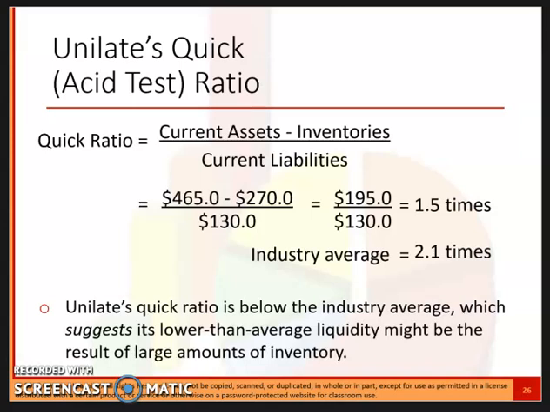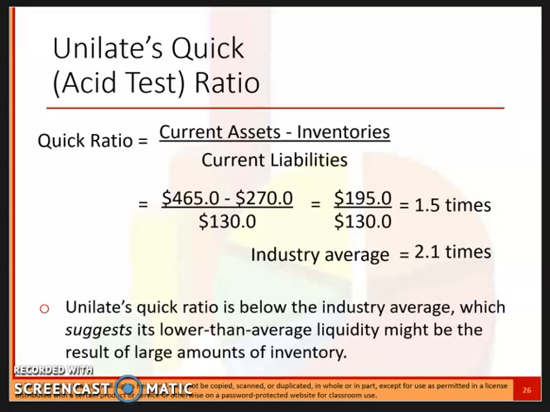The example I always use with regard to the quick ratio and inventory: imagine if you're Apple and you have a factory full of iPhone 11s.